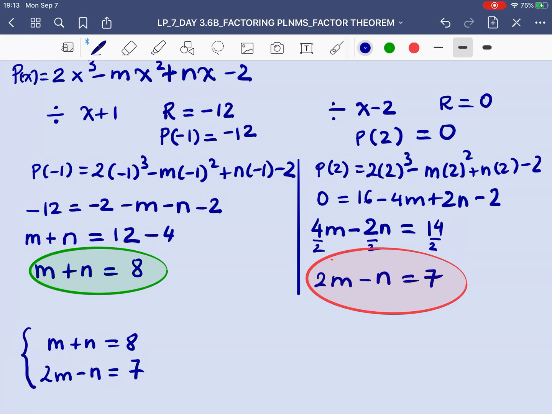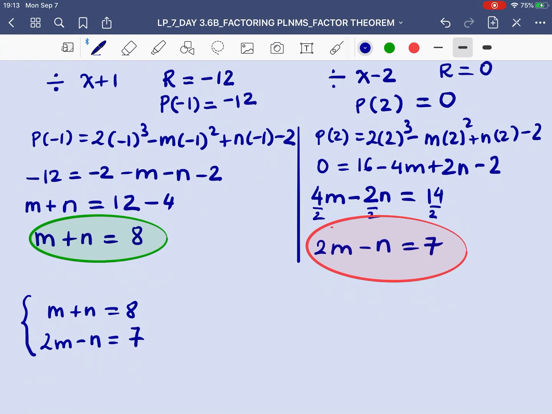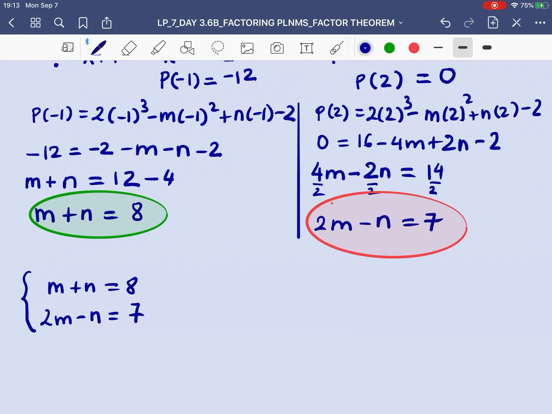I also like to use these braces that show these two equations are connected to each other. Obviously, you can use any method of your choice, substitution or elimination, but I would go for elimination this time. Elimination is an easier way to solve systems, and in this case I can solve very easily because n and negative n are opposite in sign, so I can easily eliminate n by adding the two equations.